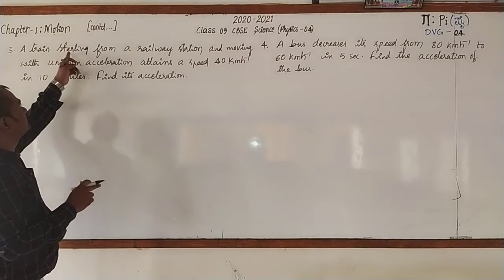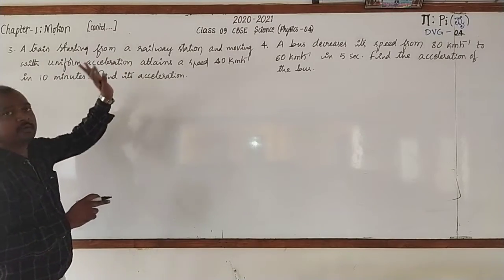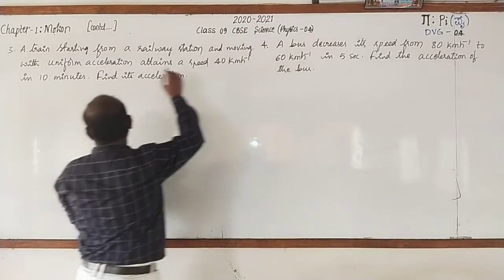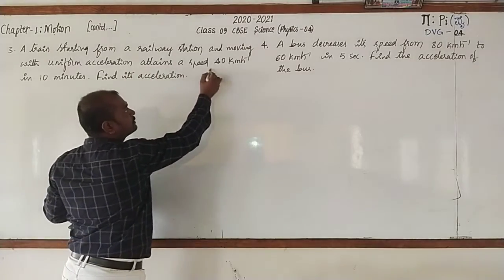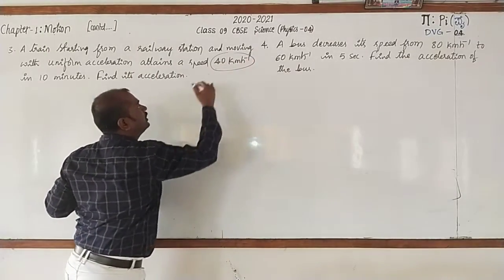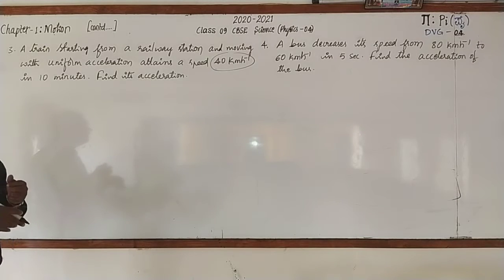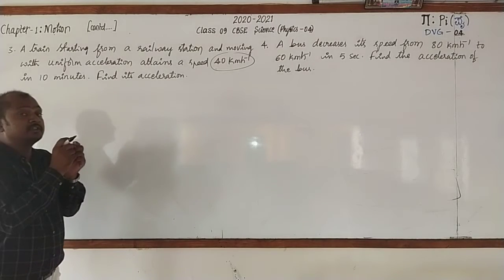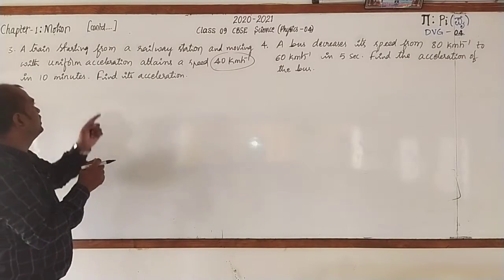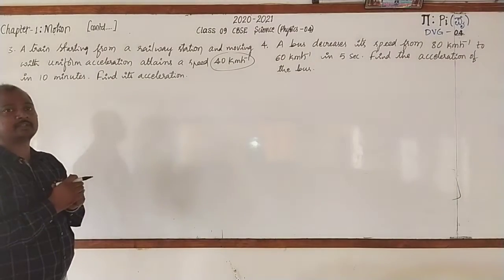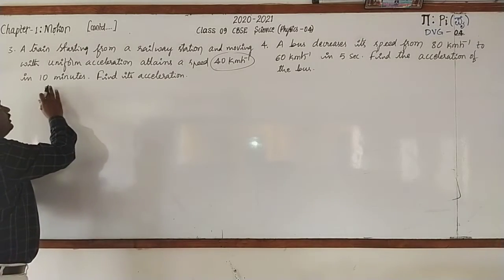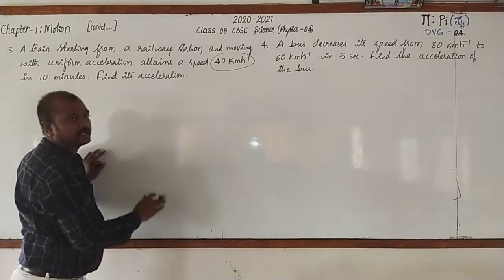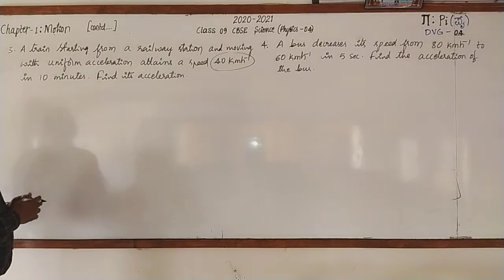That means it has started from the rest position and moving with a uniform acceleration and attains a speed of 40 km per hour. Every time it will go on changing its speed. Got it? But that change in speed will be same because it is moving with uniform acceleration. Attains a speed of 40 km per hour in 10 minutes. Find its acceleration.